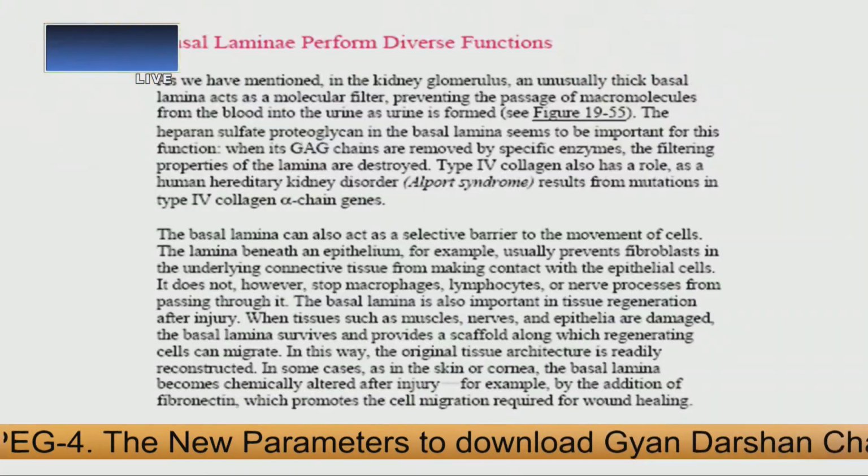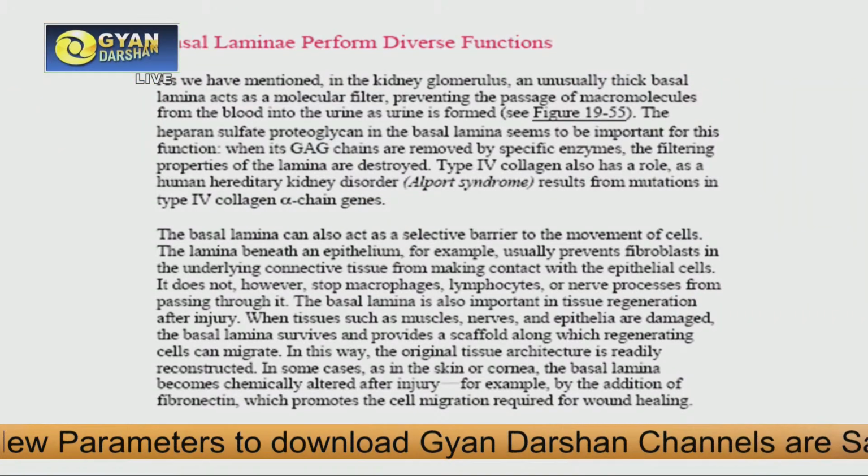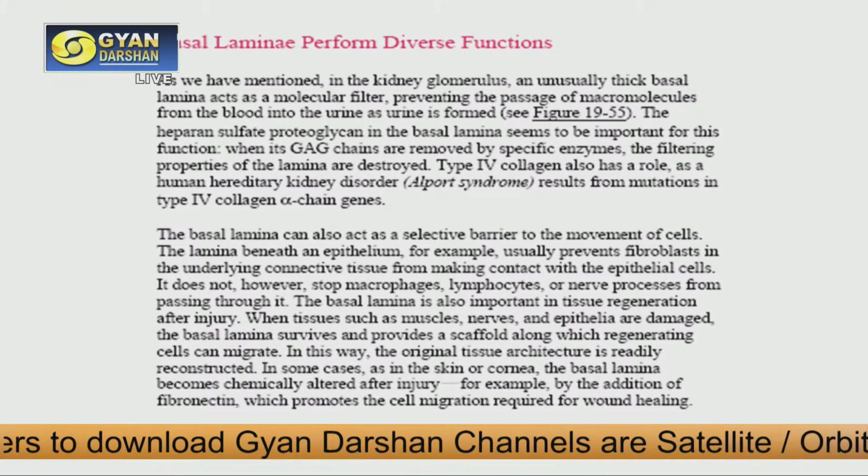It does not, however, stop macrophages, lymphocytes or nerve processes from passing through it. Why? Because supposing there is damage in the epithelial tissue, you need components to repair the damage. If there is a puncture or a wound in the surface of the skin, it needs to be healed up.